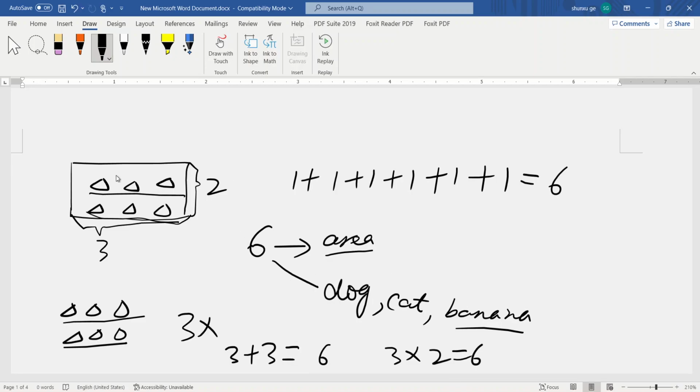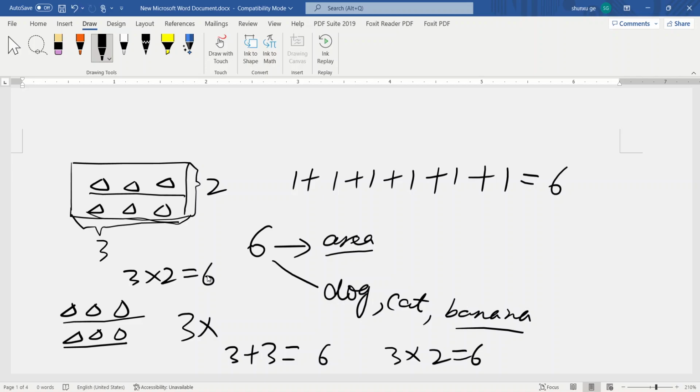So we check this picture. Here this horizontal line is 3, and the vertical line is 2. So we can calculate the bricks. Totally 3 times 2 equals 6.